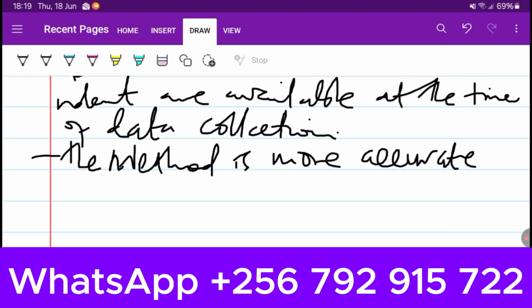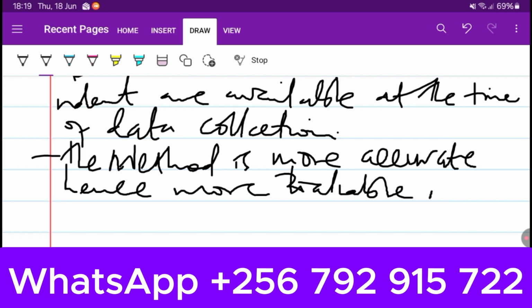So it is more accurate, hence more reliable information, because of data being collected by the researcher personally.